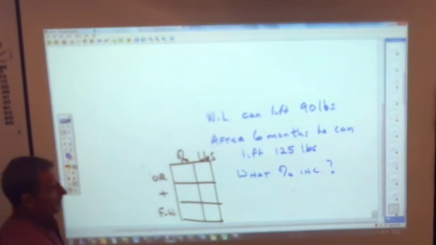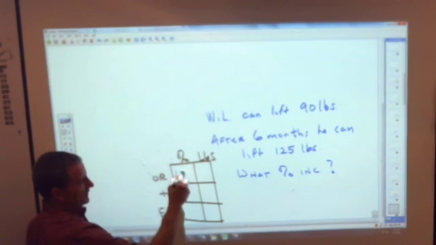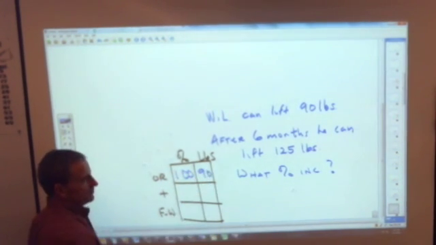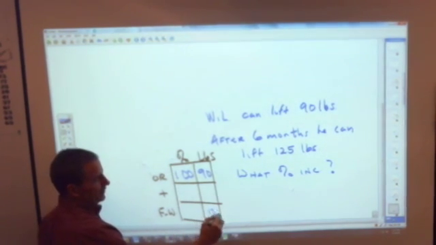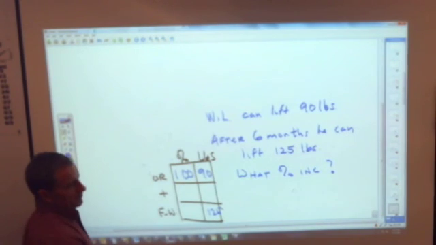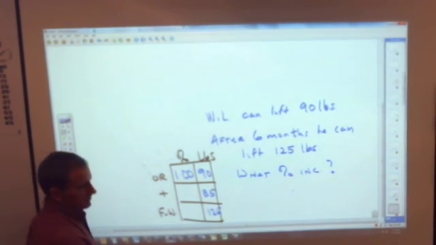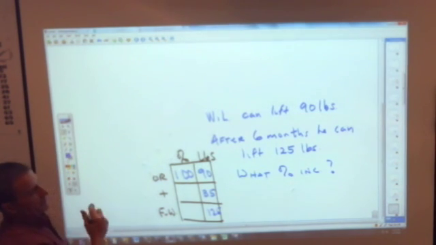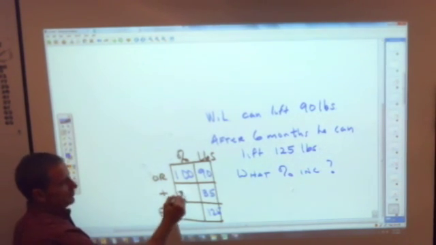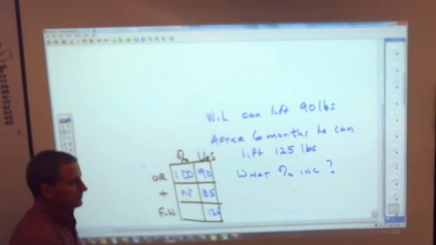Your original percent was 100, and that was 90 pounds. You ended up with 125 pounds, which was an increase of 35 pounds. And you are asked for what percent increase? You are looking for that number right there.